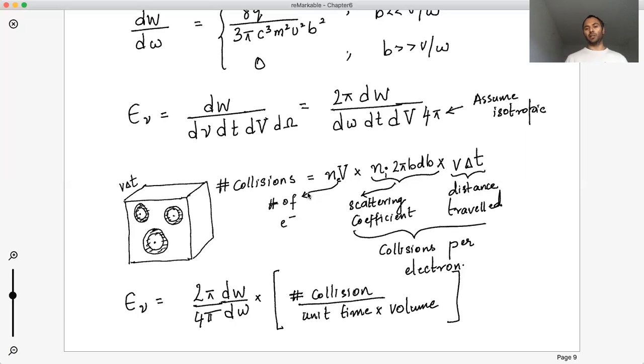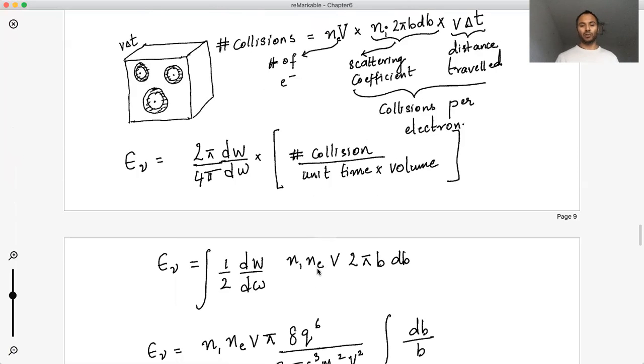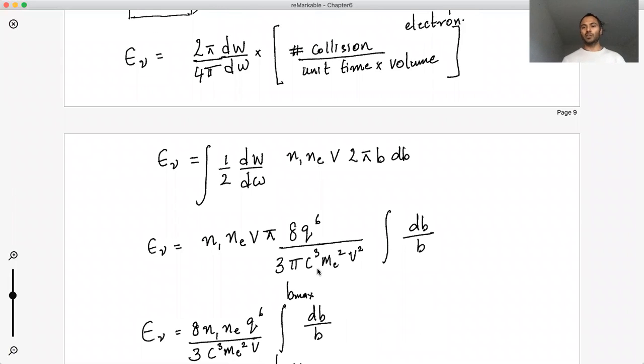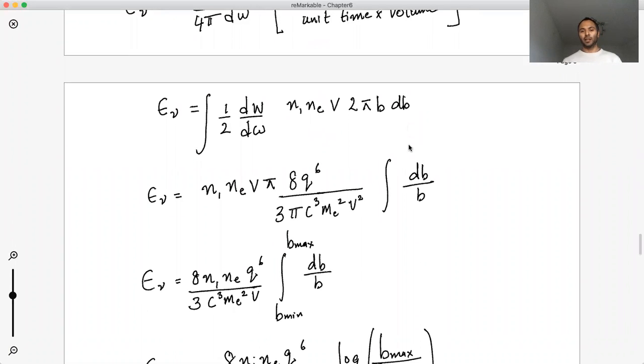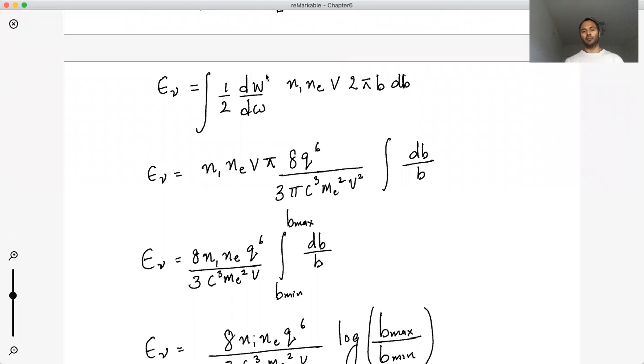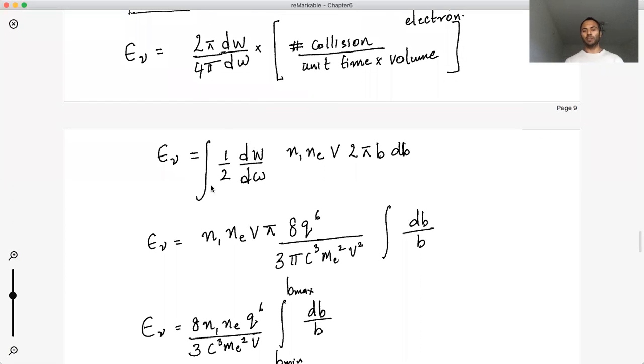And whatever is left on the right-hand side is the number of collisions per unit time per unit volume. Okay, so I just do that. You can pause the video and make sure you understand the algebra here, and then I get an expression for the emissivity. Now, if I plug the value which we calculated for a single Coulomb collision, and then figure out what the emissivity should be.